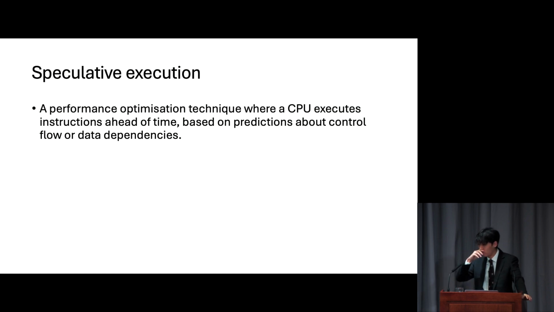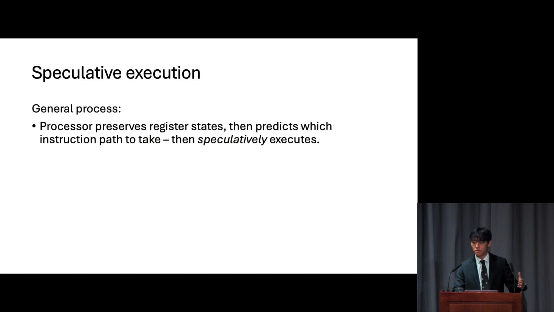So speculative execution is a performance optimization technique where a CPU executes instructions ahead of time based on predictions about control flow or data dependencies, as we discussed earlier. So the general process goes: the processor preserves its register states, then predicts which instruction path to take, and then speculatively executes whichever path it decides it wanted to take before it can be sure which is the correct path.